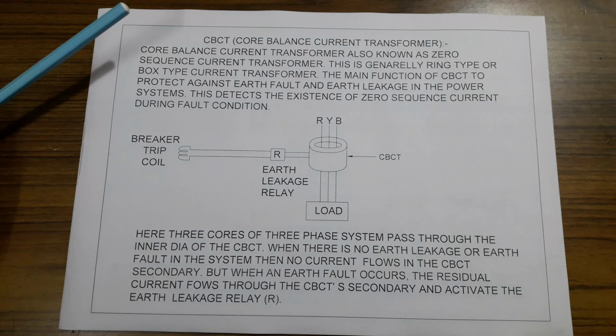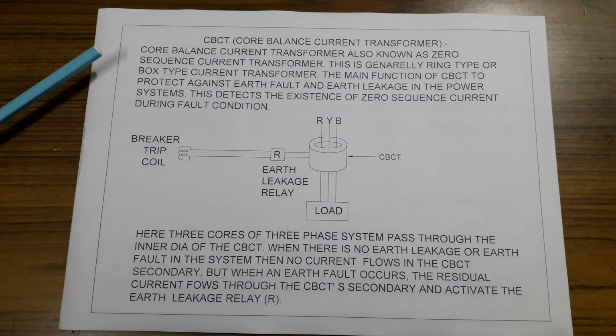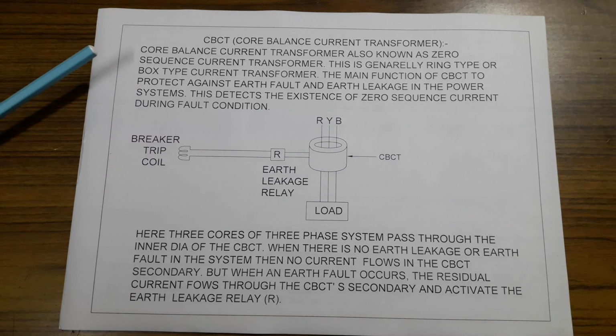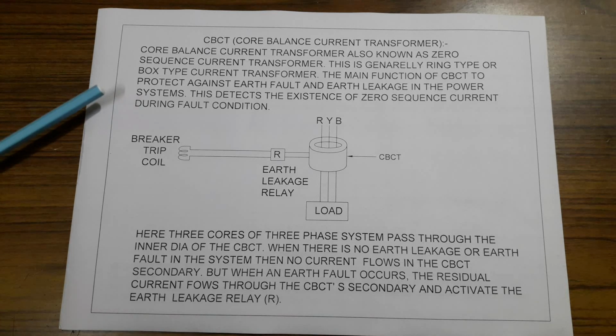Here is CBCT, core balance current transformer, also known as zero sequence current transformer. This is generally a ring type or box type current transformer. The main function of CBCT is to protect against earth fault or earth leakage in the power system.